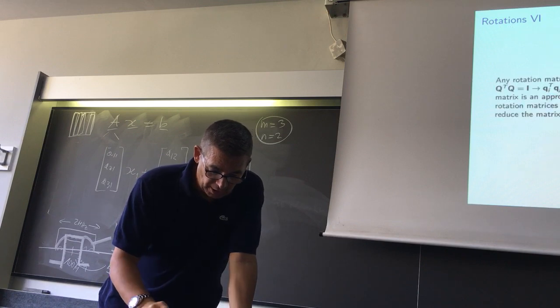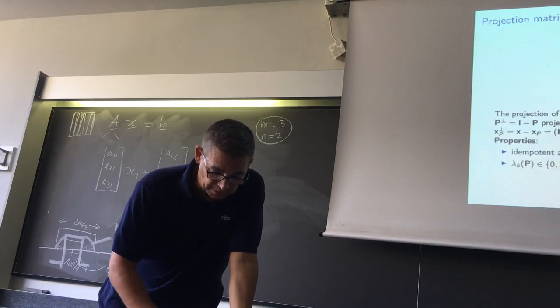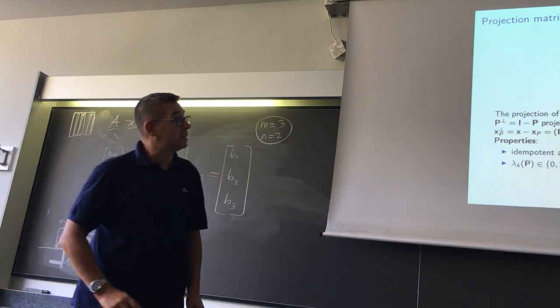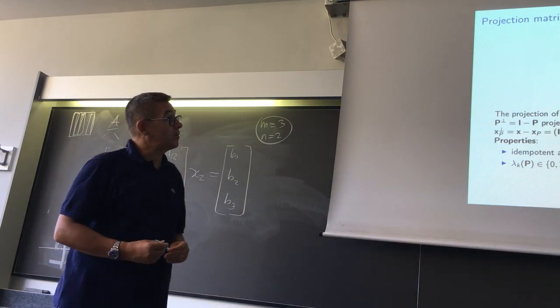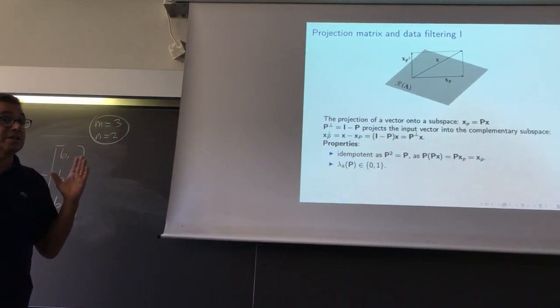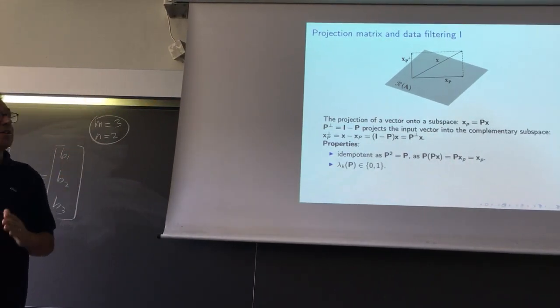Okay, so again, just to summarize, we were talking about the projection. So the projection matrix is just taking a vector and projecting on a certain subspace.